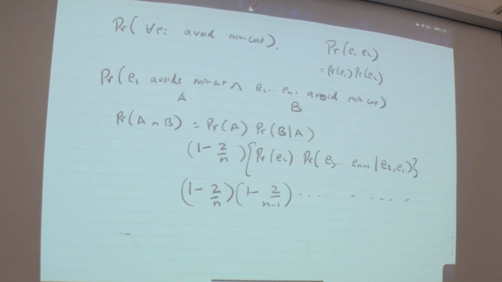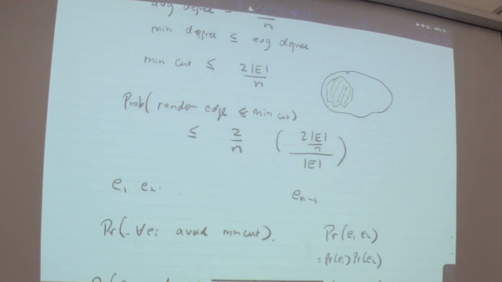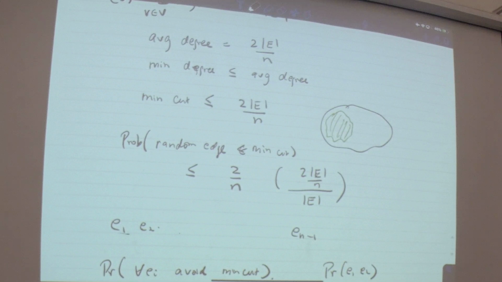When I analyzed my previous process by saying the average degree, that analysis does not rely on having exactly one edge between two vertices. The only fact I used was that the total average degree is 2e over n. As long as I count each edge between two vertices as a separate entity, which I'm doing when I sample, the analysis still works.